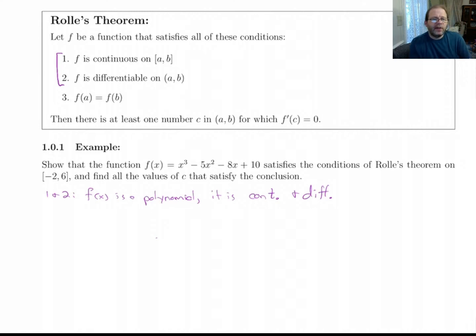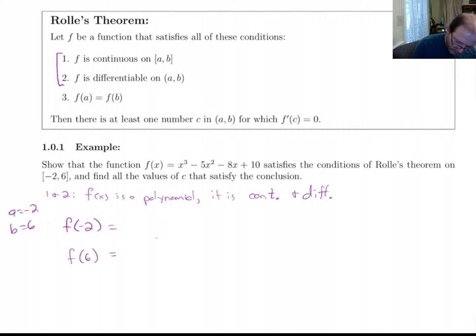And then we have to verify that f of a equals f of b. Well, if you plug in f of -2, let's see, a equals -2, b equals 6. If you plug those in, -2 is going to give you, well, I'll just go ahead and tell you, both these give you -2 for the y value.